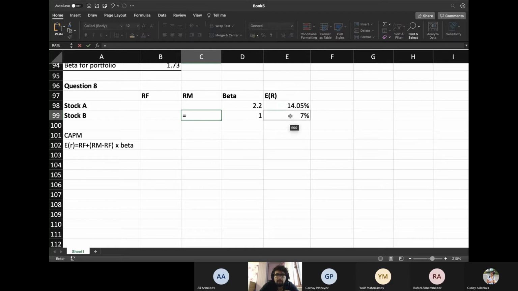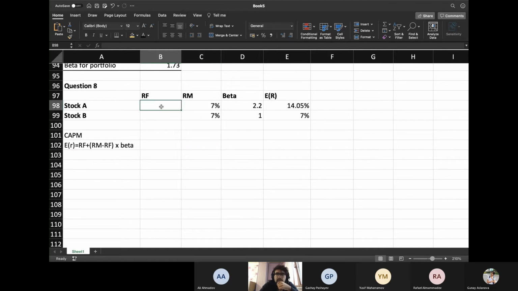So it is 7%. It means it is also 7%. The market rate is same for all. And risk-free rate, you can find like that.